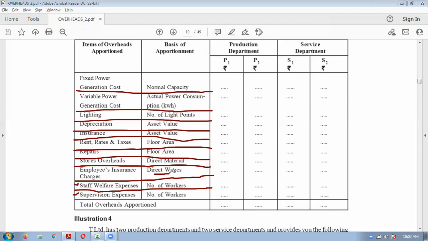It can be number of workers also. Lighting, number of light points. Power generation cost is based on power consumption, kilowatts per hour, etc. So note down these 2 columns and remember this. From this there are high scoring question possibilities.